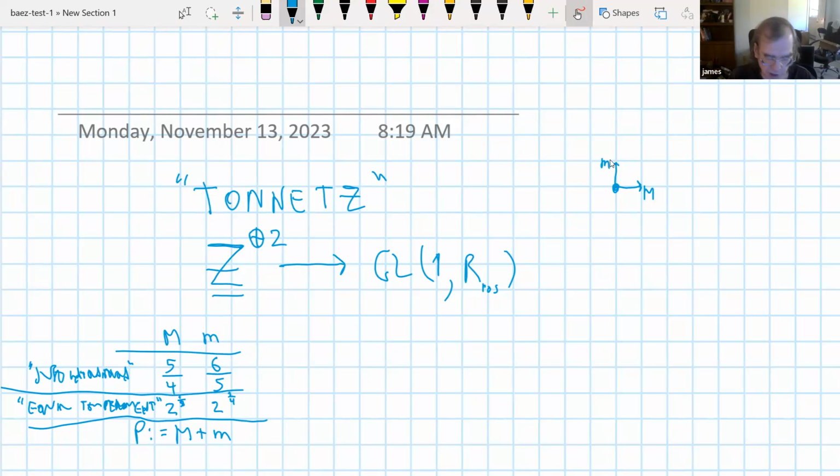In the other two quadrants, there would be some slanted line separating them. Yeah, that's a good point. So where is this low, right there?